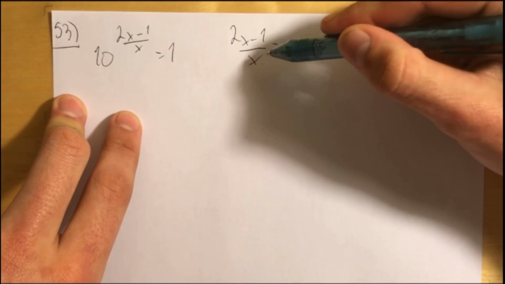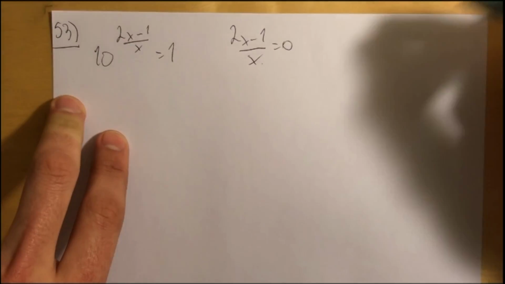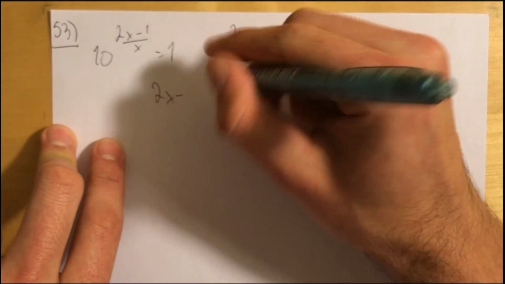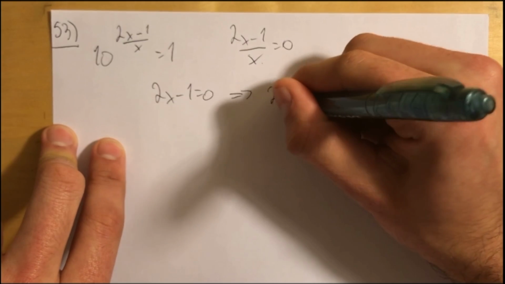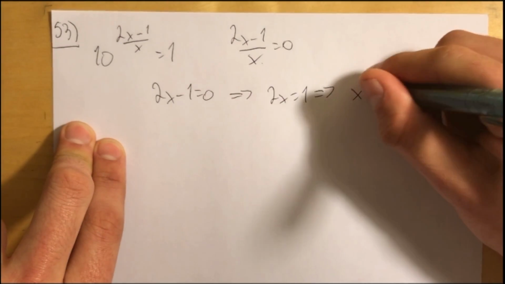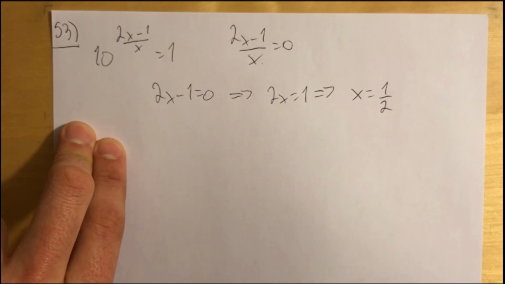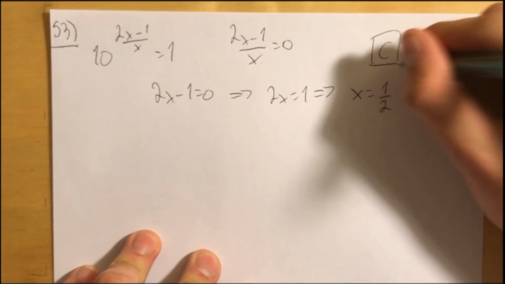Well, the bottom can't equal 0, so the top needs to be 0 in order for this fraction to equal 0. So 2x minus 1 equals 0, and 2x equals 1. Divide both sides by 2. X equals 1/2. So the answer will be 1/2, option C.